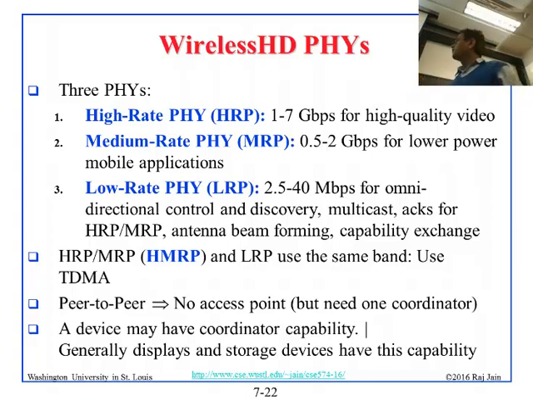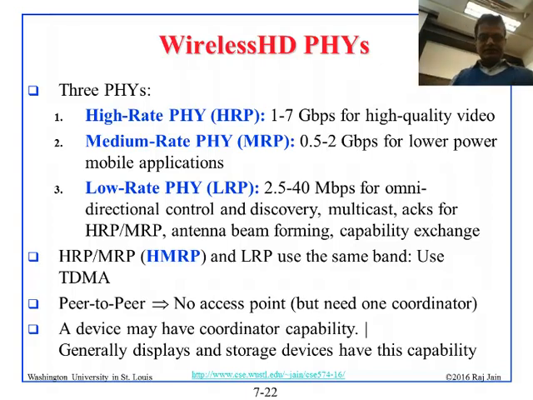A device may have a coordinator capability. Generally, displays and storage devices have this capability. So what this means is if you have a TV, which is a display device, and it costs a few $1,000, and if you put the PCP function inside there, nobody will notice it. And similarly, storage, they are saying storage devices could be a router with some storage.